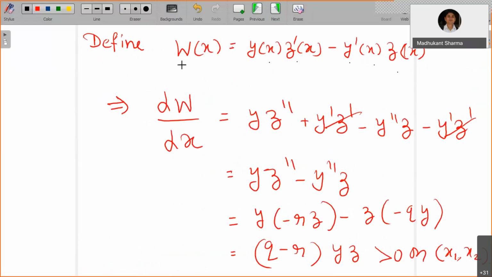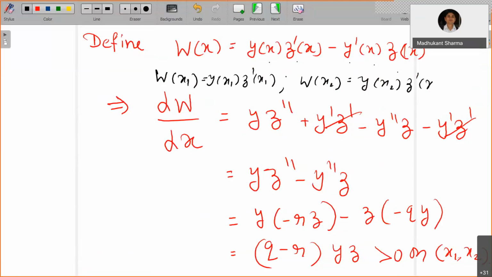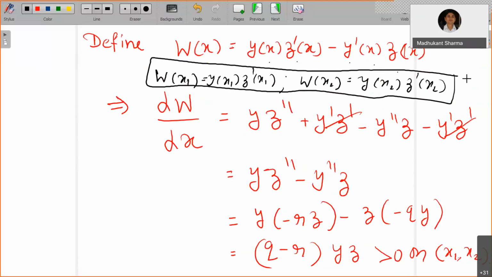And you can see that W at x1 is y at x1 times z dash at x1, and W at x2 is equal to y at x2 times z dash at x2. You can observe that straightforwardly because z at x1 and z at x2 are 0.